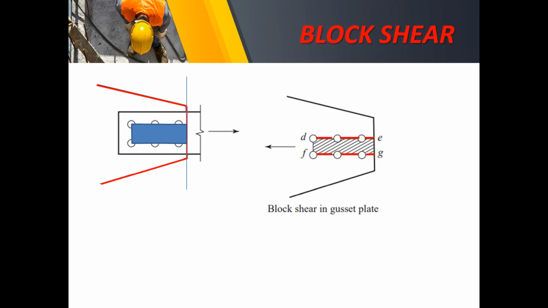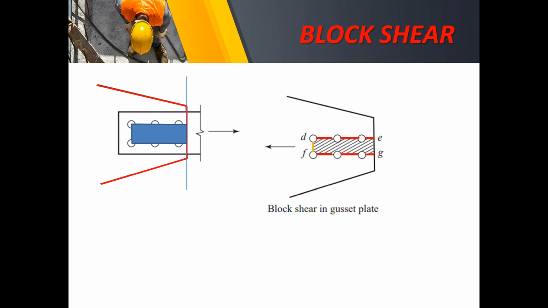Remember that the shear block area is parallel to the direction of your axial force, while the perpendicular section, say this line DF, less the half of the diameter of 2 bolts, is the tensile area.